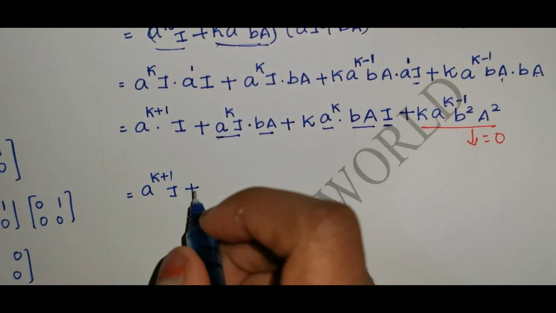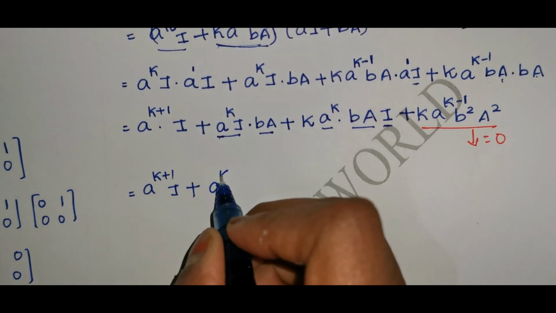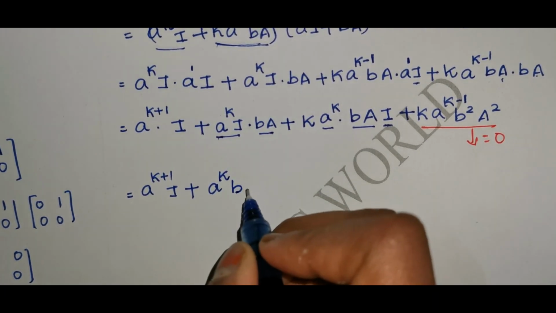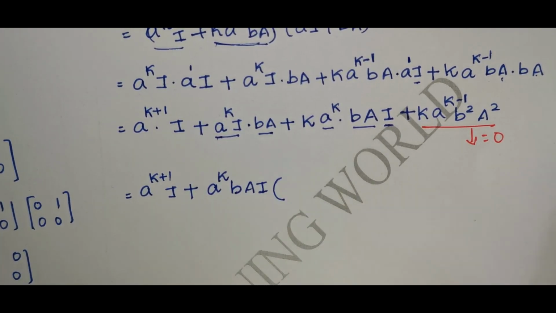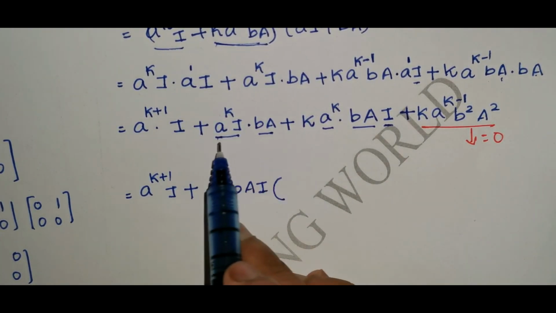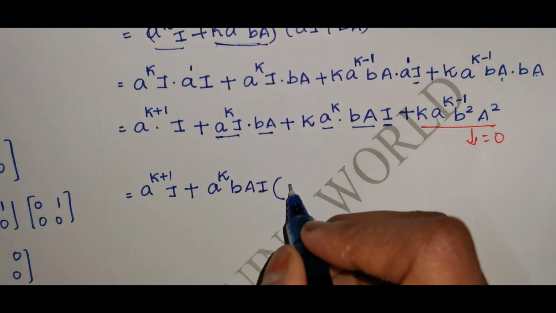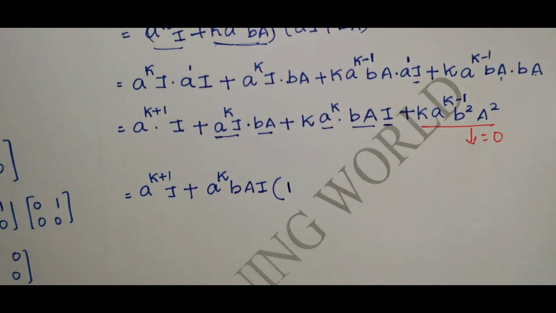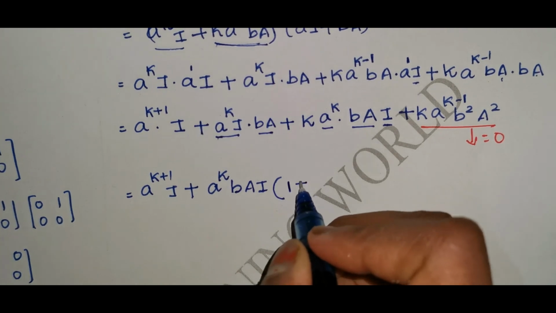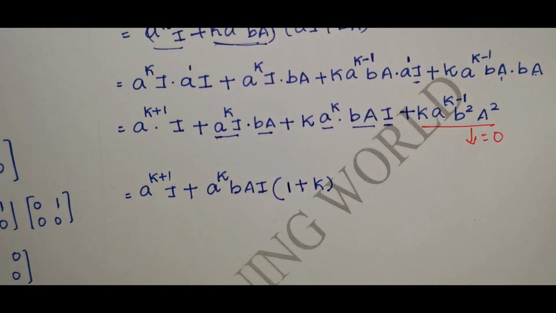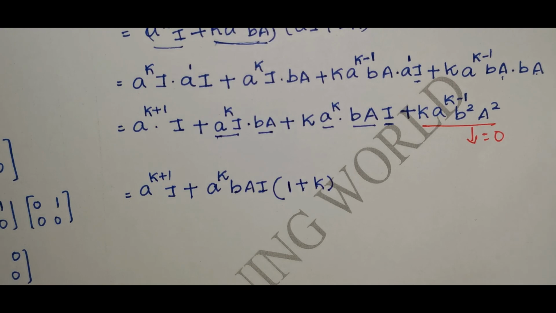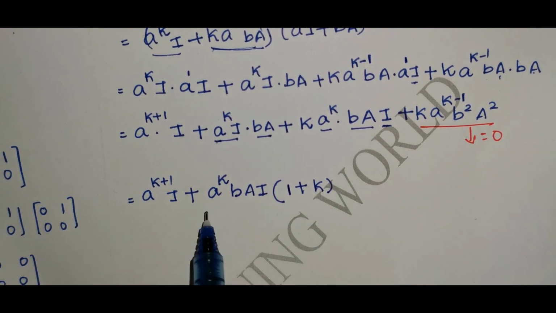We can take A raised to K, B, A, I. Okay, so what is remaining here? We took every full term from this particular term. So what is remaining? 1 is remaining. 1 plus, here only K is remaining, and this term is equal to 0. Okay, so this is the final term which we are getting. Okay students, so into K plus 1.